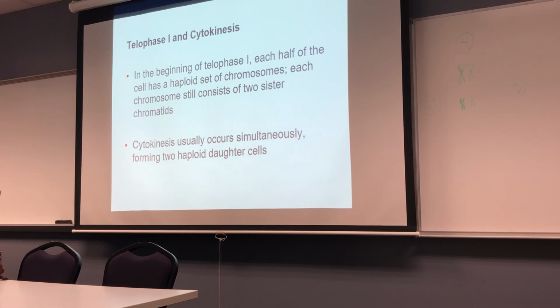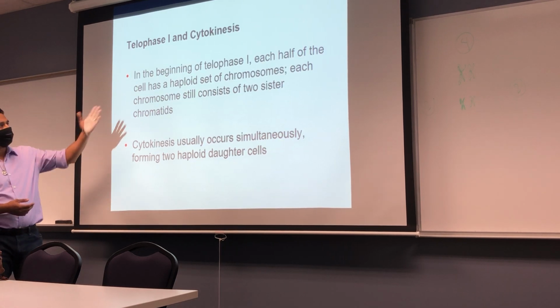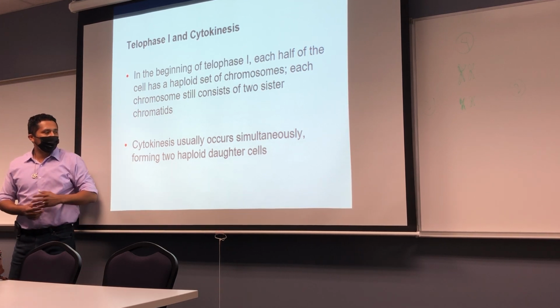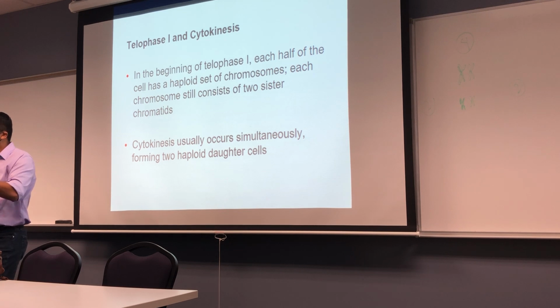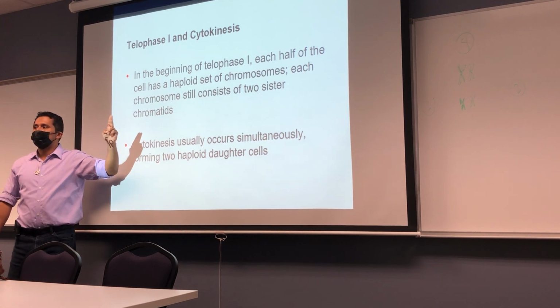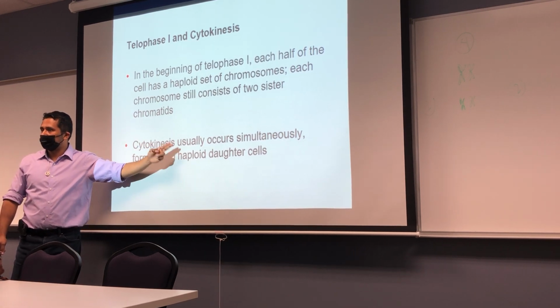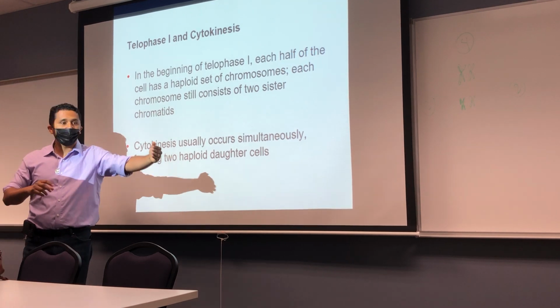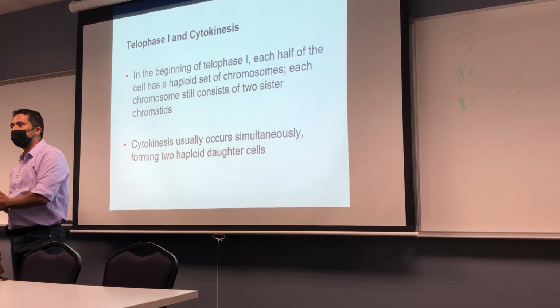Then you have telophase 1 and cytokinesis, where the chromosomes are uncondensed and still have sister chromatids, and the cytoplasm divides. That produces two daughter cells with a reduction of chromosomes, haploid. It began with diploid, and now it is haploid because the homologous chromosomes separated.